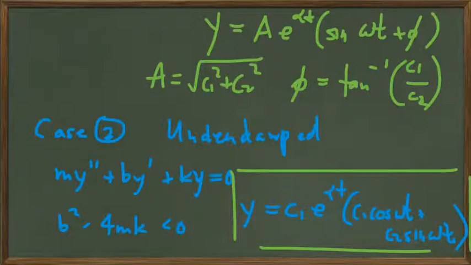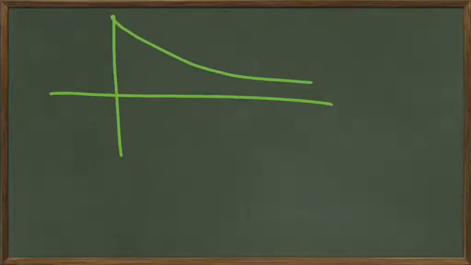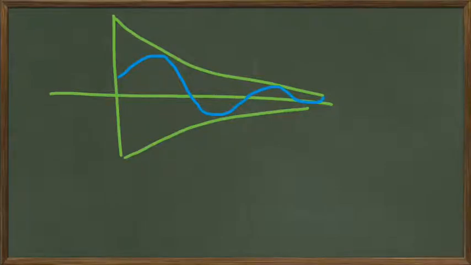So let's use this structure right here and solve an underdamped case problem on the next blackboard. Right, so it's oscillating but constrained above and below by the decaying exponential function.